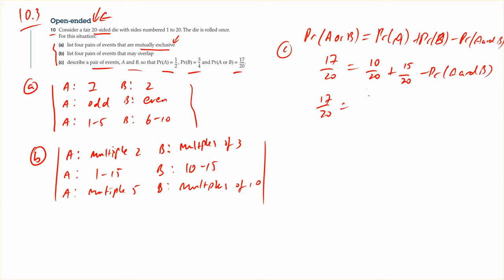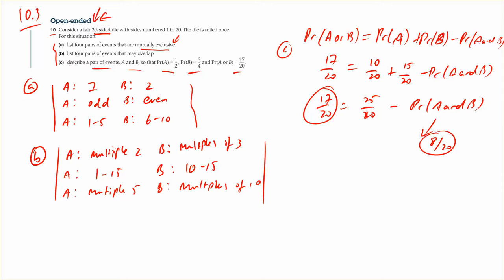So that becomes 25 on 20 minus the probability of A and B. Now I can figure this out because I know the result we want is 17 out of 20. 25 out of 20 minus something gives you 17 out of 20. So we know that the probability of A and B is 8 out of 20.